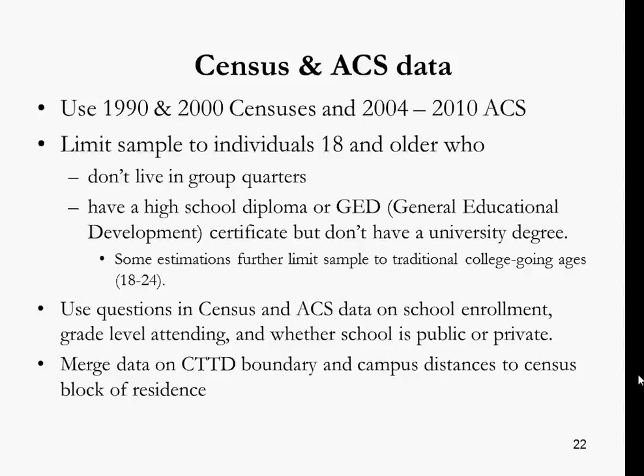One thing we're going to limit the sample to is we want to get rid of people in group quarters. What are group quarters? The one thing in group quarters that concerns us is individuals living in dorms. The reason is that in the census, when they interview a household, they don't ask, do you have any kids at college? They just look at who's in the household currently. And remember, in the census at least, the interviews are in April.